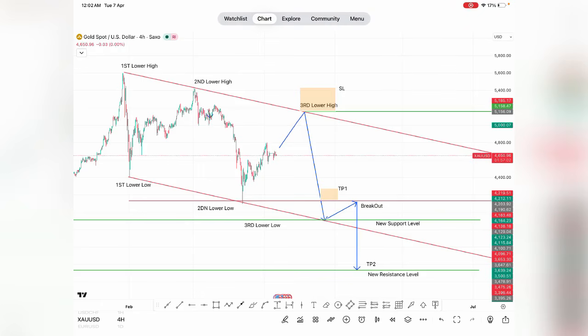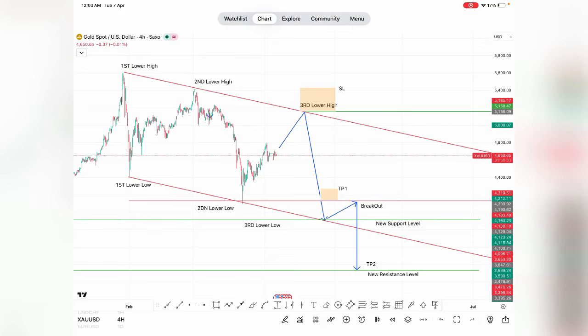One point also noted is that you are not supposed to trade at the breakout period, because at that point the market is highly volatile and very confusing as to which direction it is going.